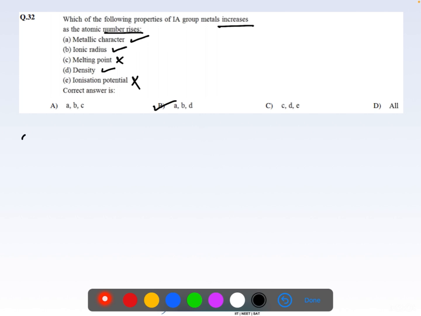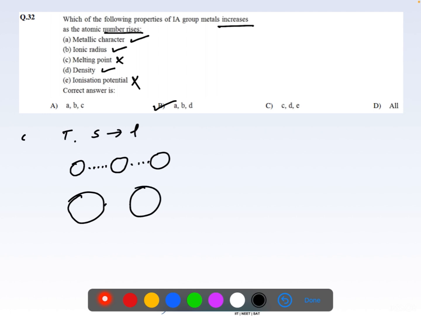See here for option C, melting point. Melting point is the temperature at which a solid converts into liquid. It depends upon the nature of interactions between adjacent metal atoms. When the size of the metal atom is very large, the interactions between the atoms will be weaker.